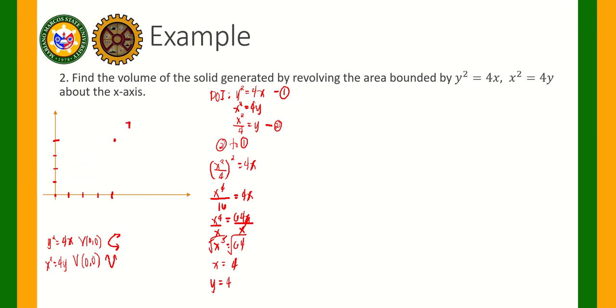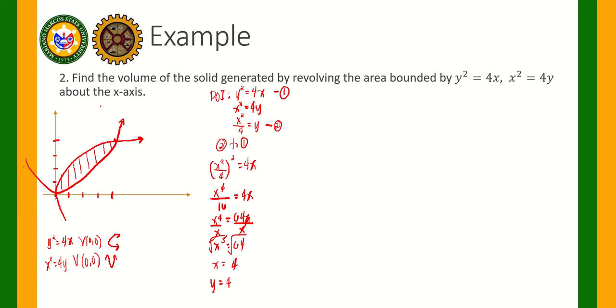So, it continues. This is our parabola that opens upward and the other one is opening to the right. Okay? So, this is how it will look. Okay. That's it. So, this is now the area bounded by the two functions.